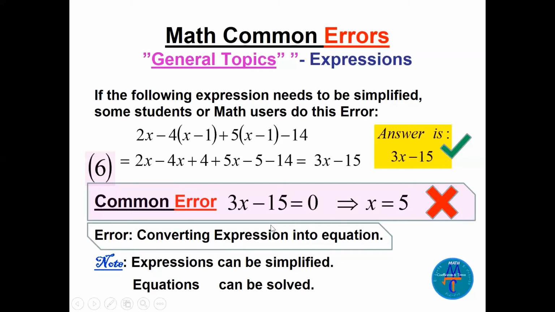So a little note here: expressions can be simplified. Equations can be solved. You have other topics, many types of equations: linear equations, quadratic, cubic, polynomials, logarithmic equations, trig equations. You can have many types of equations you have to solve. But this one is an expression.